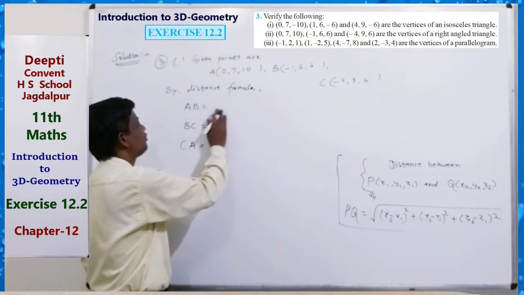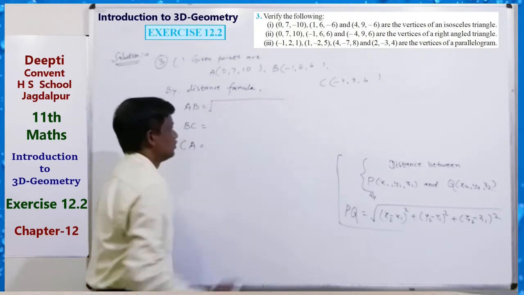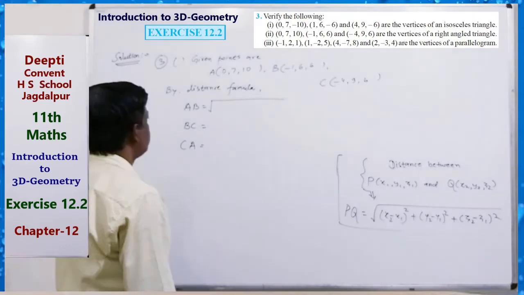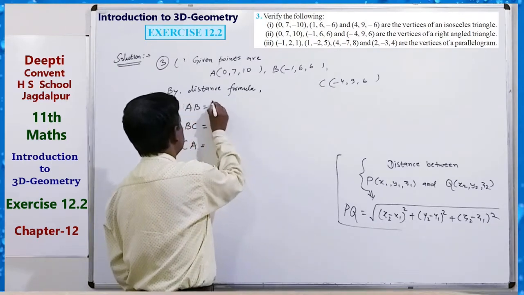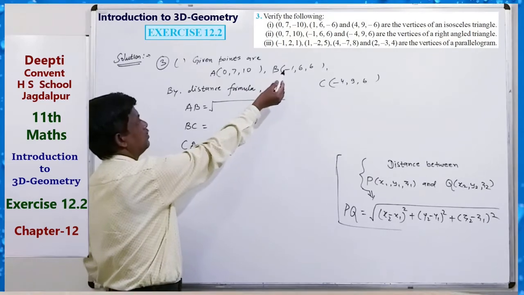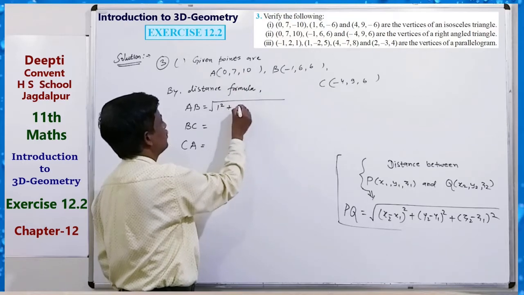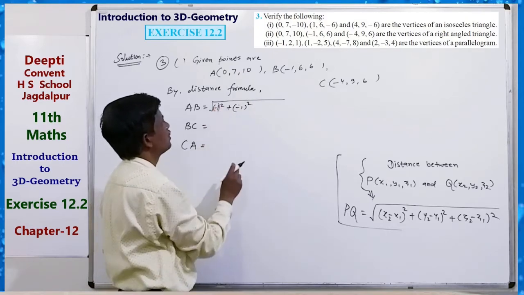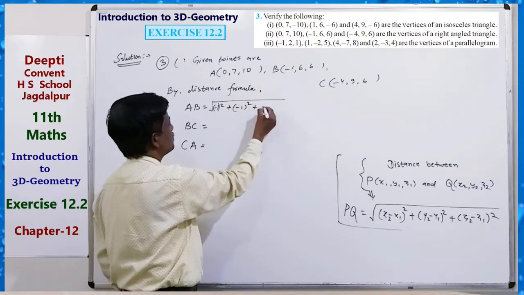Here AB equals (minus 1 minus 0) square plus (6 minus 7) square plus (6 minus 10 minus 4) square.